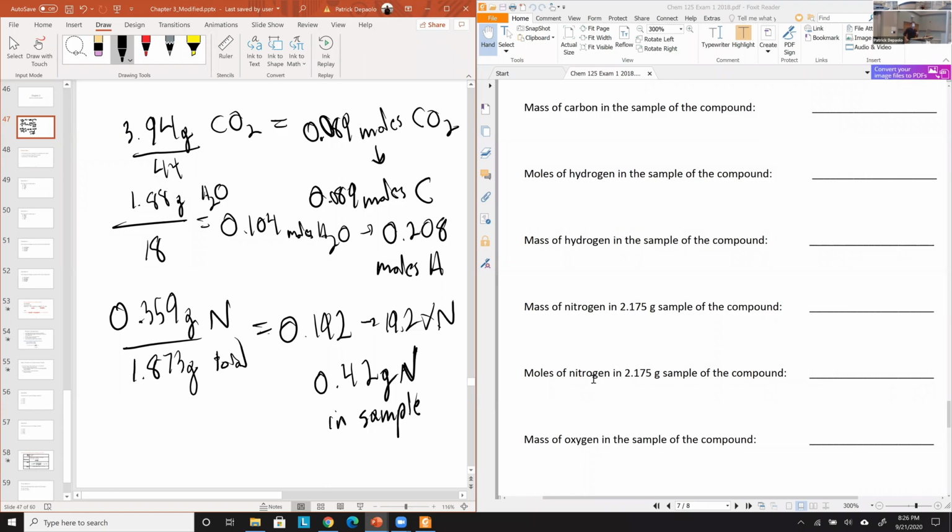We have the masses of them. So the way to figure out the mass of oxygen is just simply subtract the masses of the other 3 from the total sample, which is the 2.175. So it would be 2.175 minus the mass of carbon, which would be the moles of carbon, 0.089 times 12, which is 1.07, minus the grams of hydrogen, which is about 0.2, and then the grams of nitrogen, 0.42.